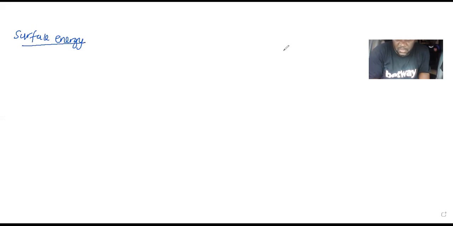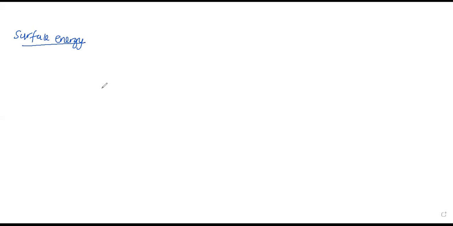We have a new definition today I want to share before we proceed with any calculations. That definition is called surface energy.